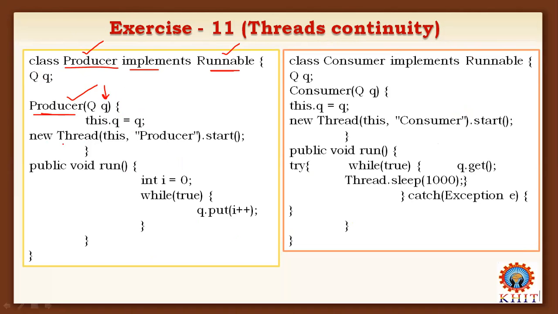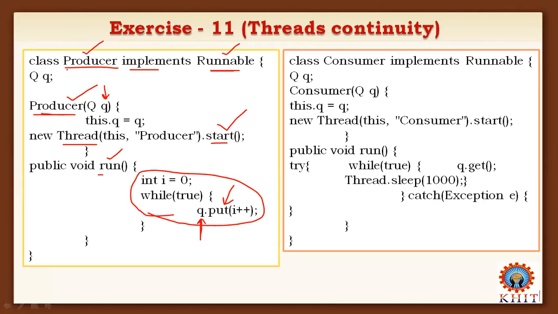Now I create a thread, which is started using the start method. Inside the run method, the process of producing data values into n is done, invoking the put method of the Q class using that object. So the producer is going to produce the items.